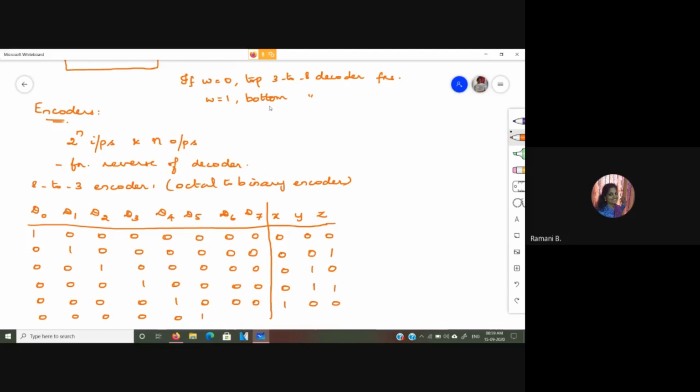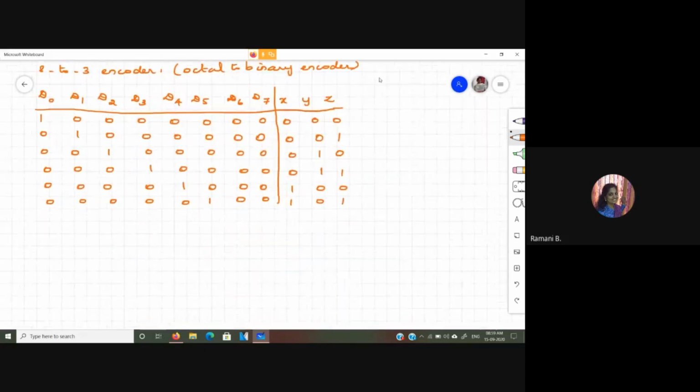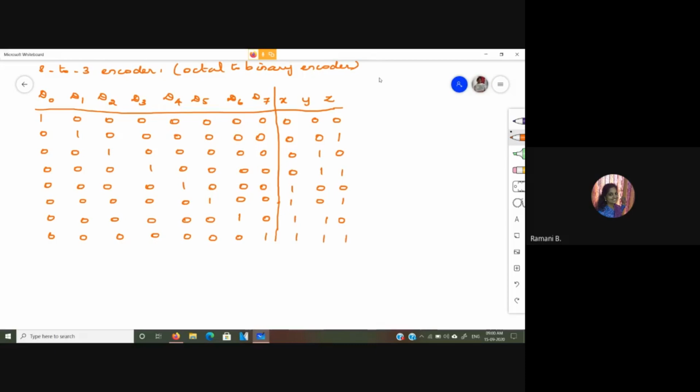D5 is equal to 1, you have 1, 0, 1. And D6 is equal to 1, 1, 1, 0. And D7 is equal to 1, 1, 1, 1.